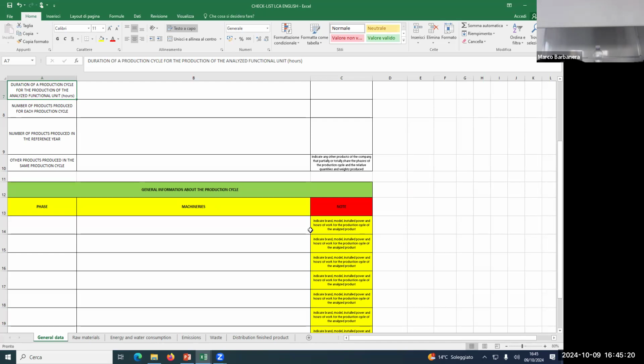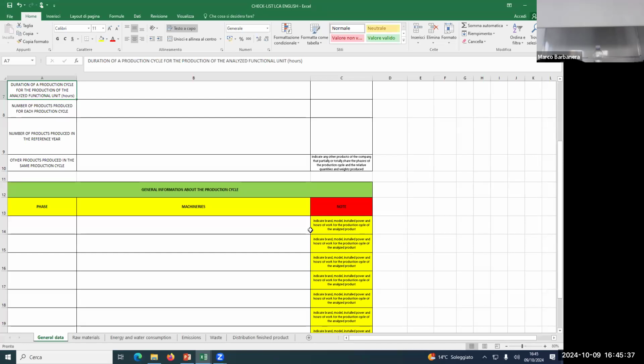By multiplying the electric power in watts by the number of hours of operation, we can calculate the electricity consumption, the kilowatt hours of electricity consumption.